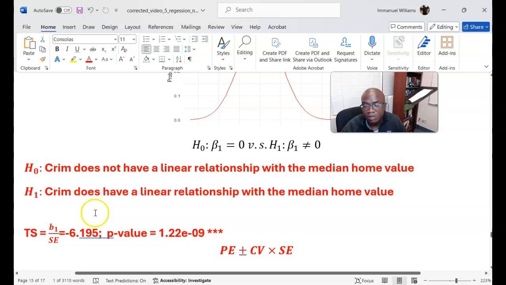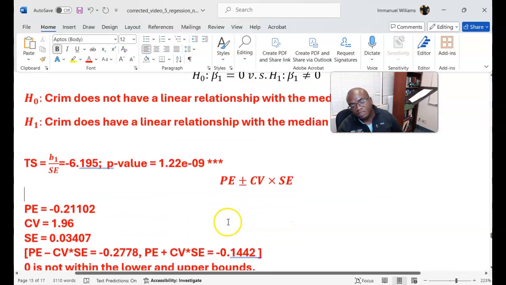And then in terms of creating a confidence interval, this is the logic, right? This is the equation. But remember, when it comes to creating a confidence interval for a regression coefficient, 0 has special meaning. Do you think 0 should be within the lower bound, upper bound? If you said no, you're correct. Okay, no, 0 should not be, based off of this, right?